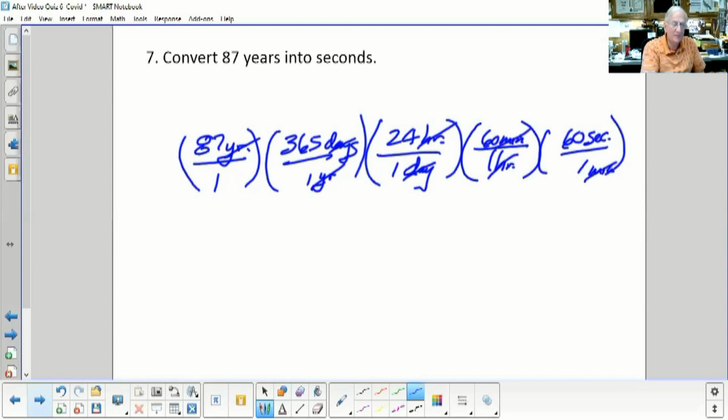And now if I do this computation, since all the numbers are on the top, it's very simple. I simply do 87 times 365 times 24 times 60 times 60. And when I do, the answer I obtain is huge, really huge. I almost think it's too big, so I'm going to start over in case I made a mistake. 87 times 365 times 24 times 60 times 60 equals, no, it wasn't a mistake.